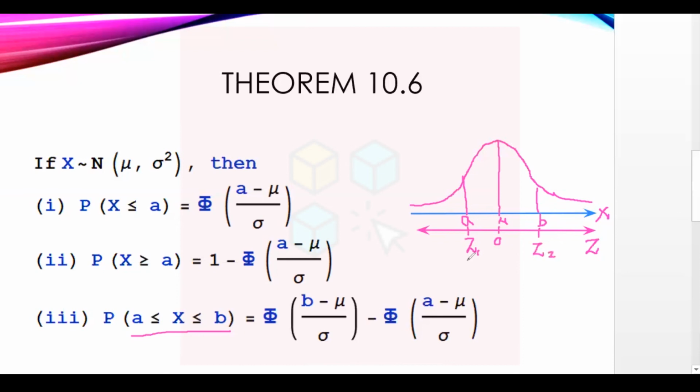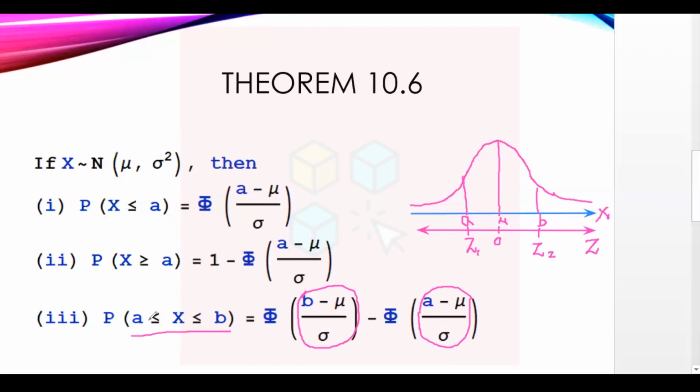So both z1 and z2 are obtained by these formulas, x minus mu over sigma, and after substituting we will have b minus mu over sigma and a minus mu over sigma. So these are z1 and z2. Once we get the z scores, we can use phi table, capital Phi table, find the areas and subtracting.